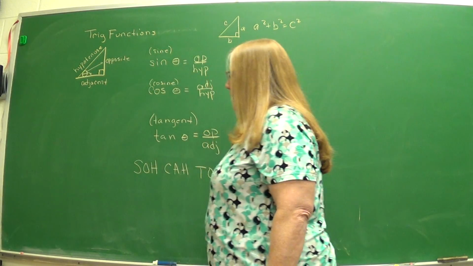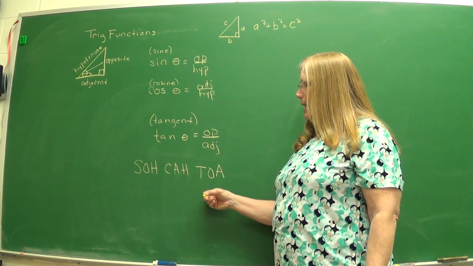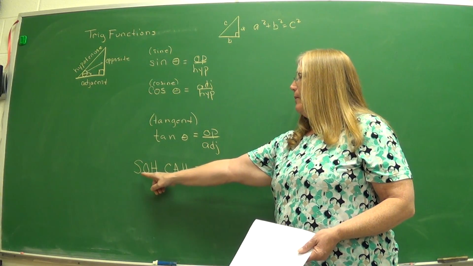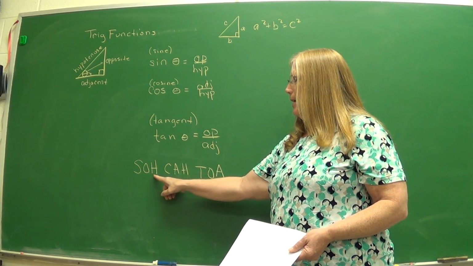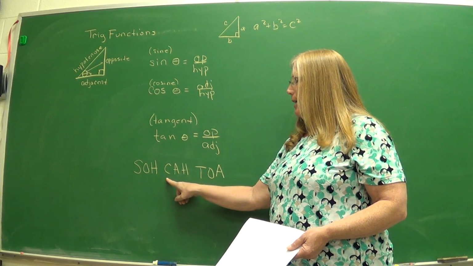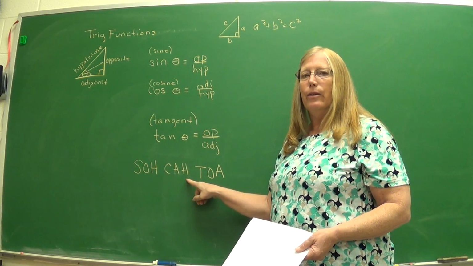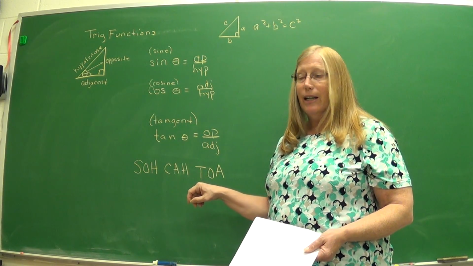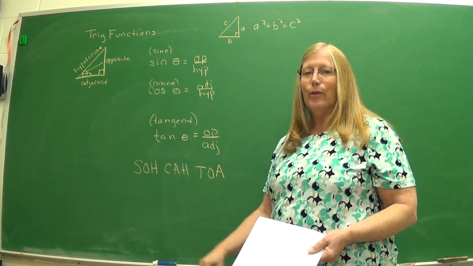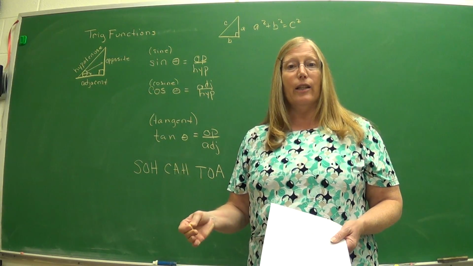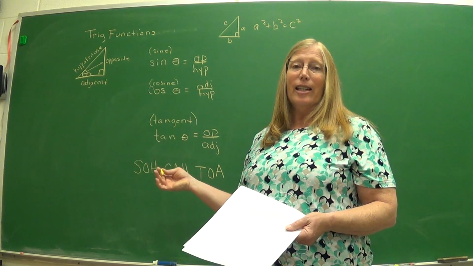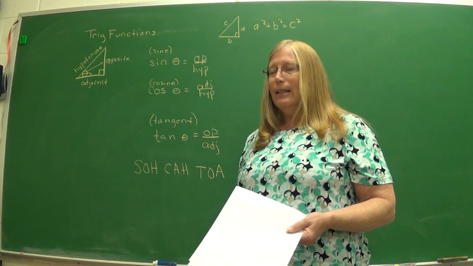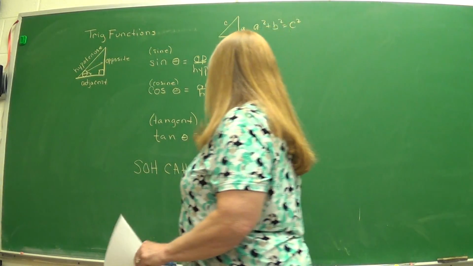SOHCAHTOA is just a name, maybe an Indian name that they've made up that helps us remember that sine is opposite over hypotenuse. Cosine is adjacent over hypotenuse, and tangent is opposite over adjacent. However, I do not find that very helpful because I can't remember how to spell SOHCAHTOA. I could just as easily remember sine is opposite over hypotenuse and so on.